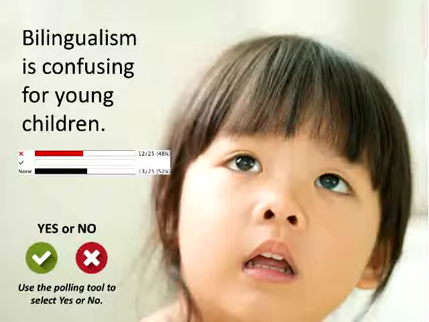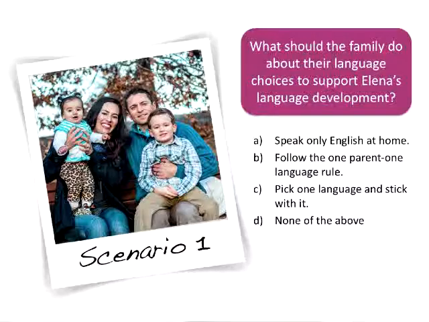I am going to use two different scenarios today to illustrate some of the research points that I want to share with you today. And so I'm going to start off by giving you a scenario about a little girl who is really a case study of someone that I knew in a different time and place.